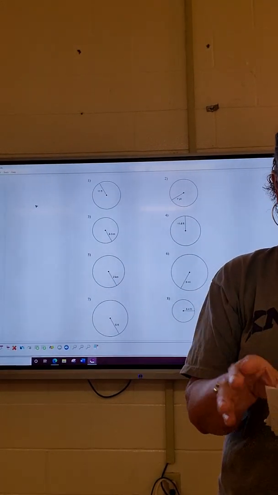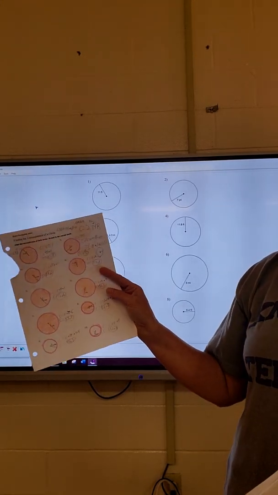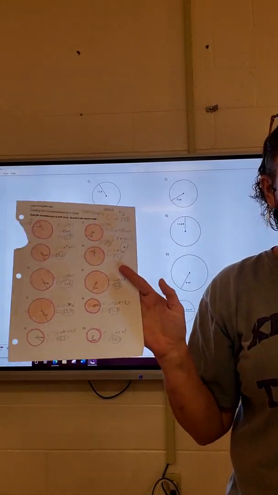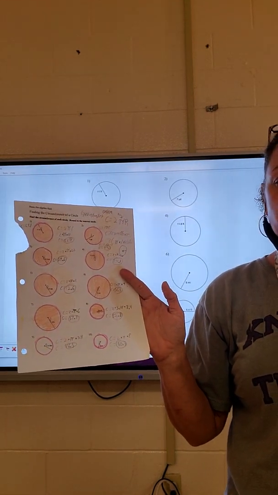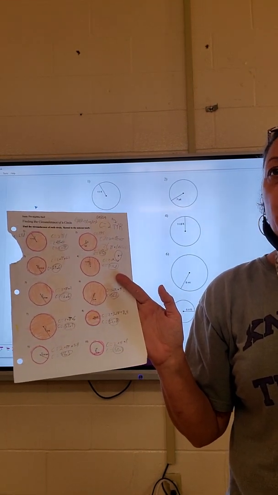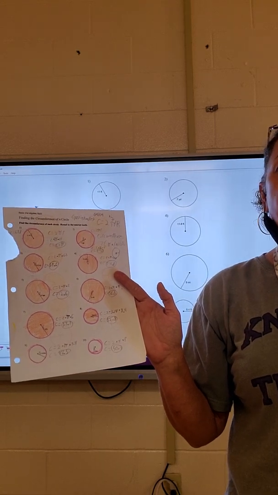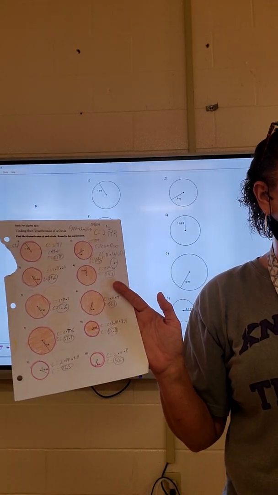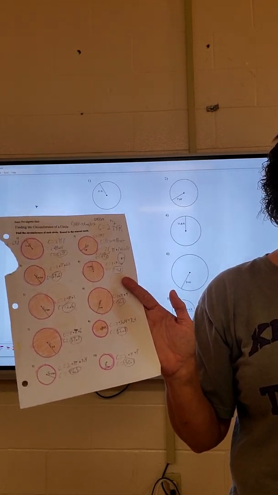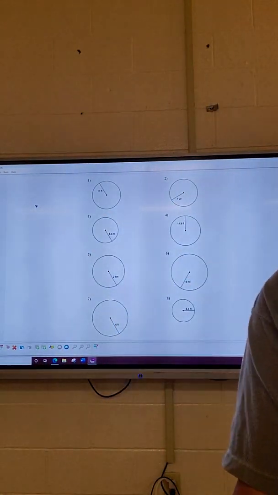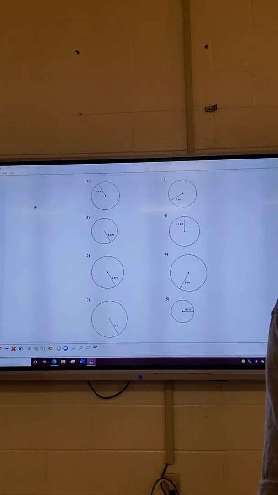When I give you your paper back, I want you to get the two colors that you used. One for circumference, the other one was for area, right? And have the color for circumference ready, because I'm going to tell you something to do with it in just a minute, okay? So I'm going to give these back.